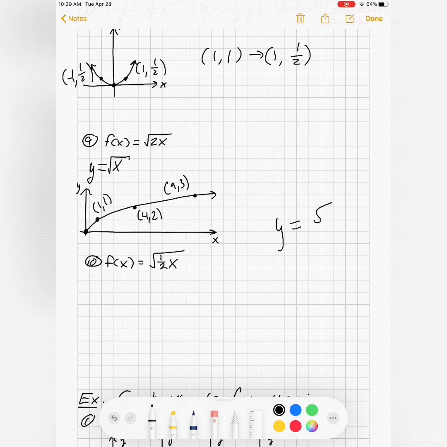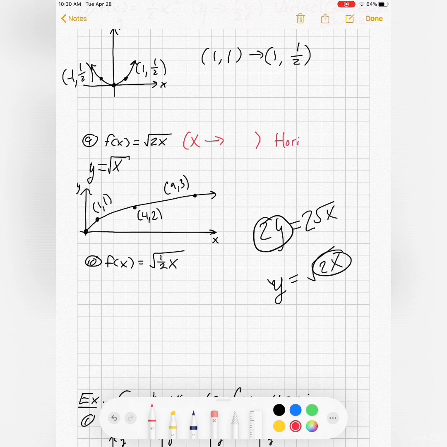So now I'm taking root x. I'm not multiplying the whole thing by 2. That'd be affecting the y. What I'm doing instead is I'm taking root x and multiplying inside there, so I'm actually affecting the x. That means I have a horizontal something. Remember, with the shifts left and right, it's the same idea. Horizontal things happen opposite of how they look.